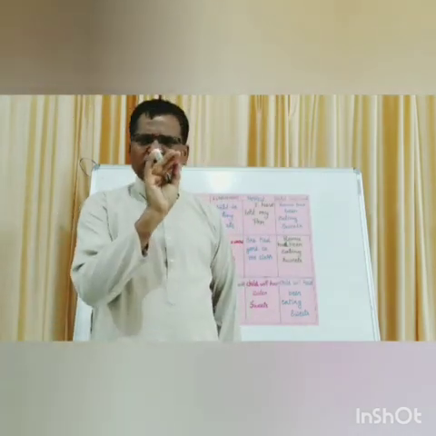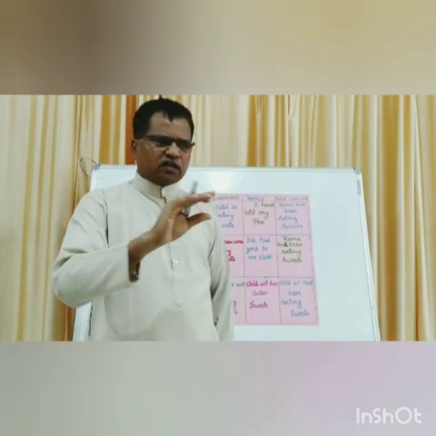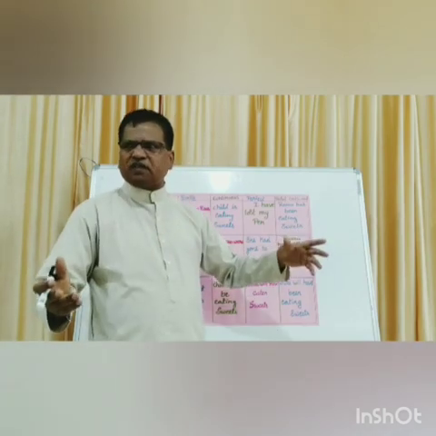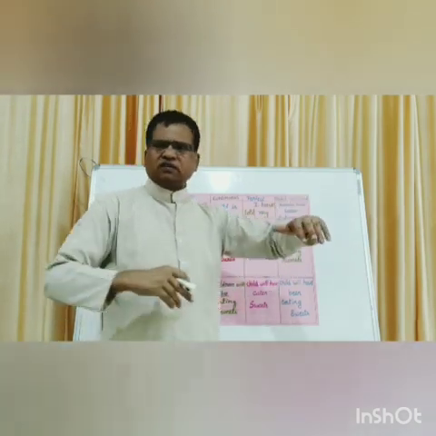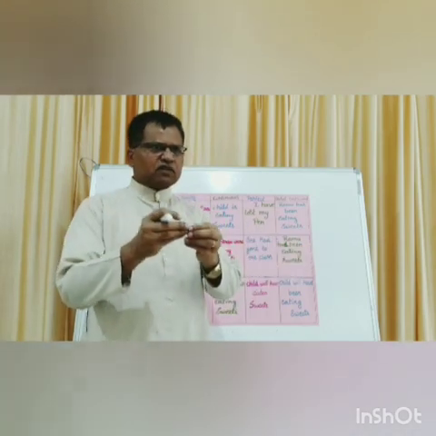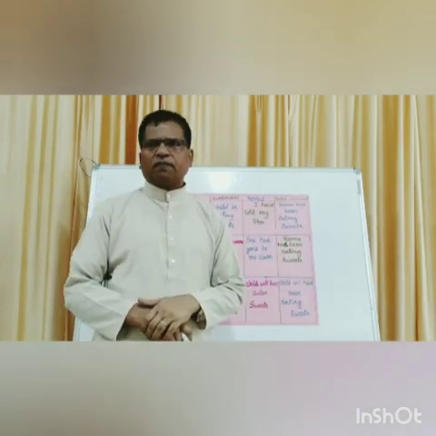You just see the helping verbs. If in the sentence there is has been going, has been jumping, have been eating, if there are such verbs, then immediately you know it is present perfect continuous.